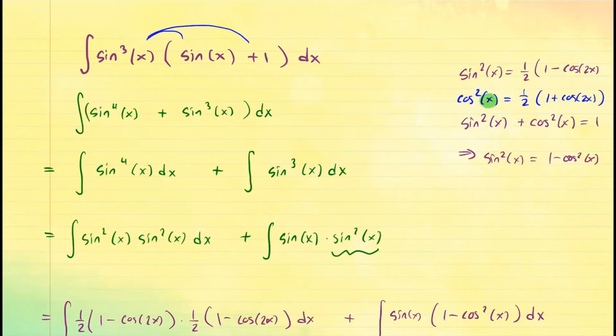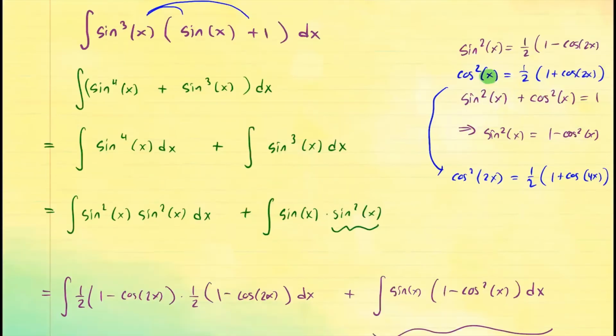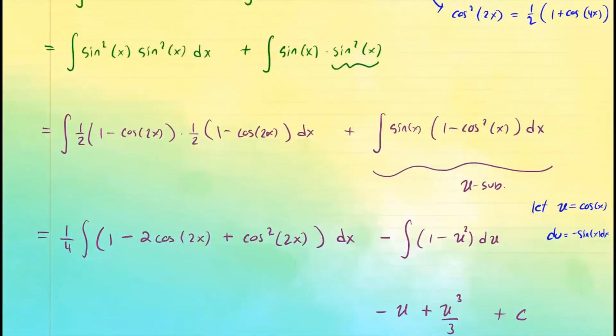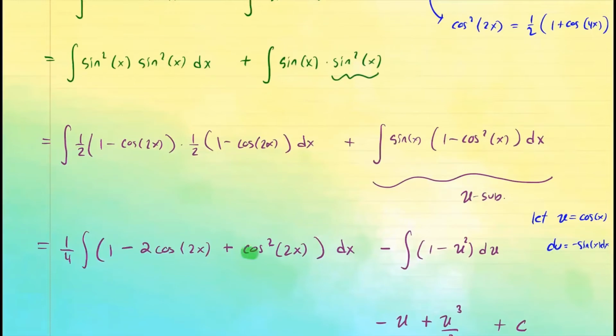Now, if you have cosine squared of 2x, then you have to double the angle. This would be 1/2 times 1 plus cosine of, instead of 2x, you will have 4x. So that's where I'm going to replace on the bottom, and then we can integrate. So that is the identity we're going to replace right here, because this is what we have.